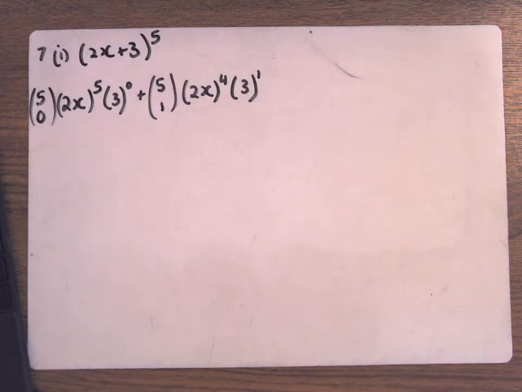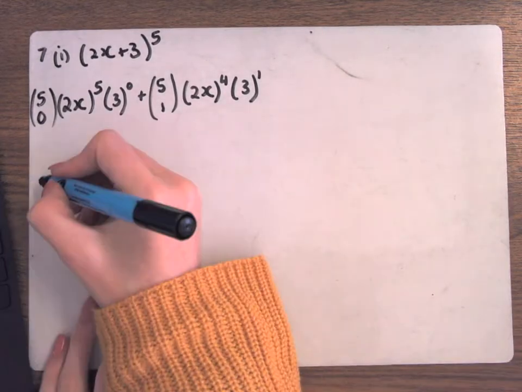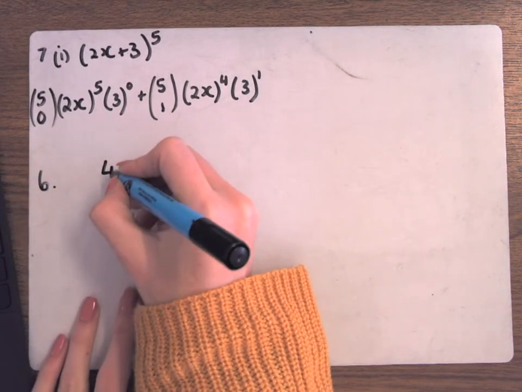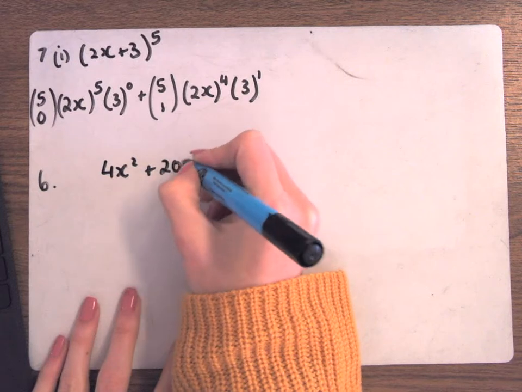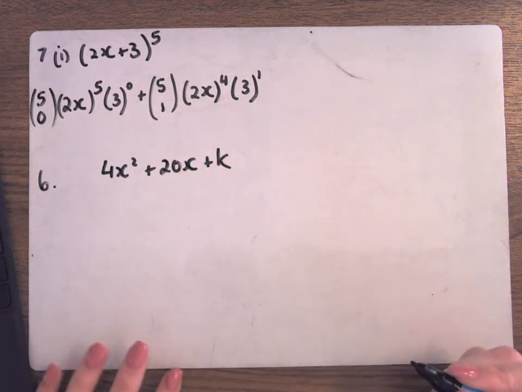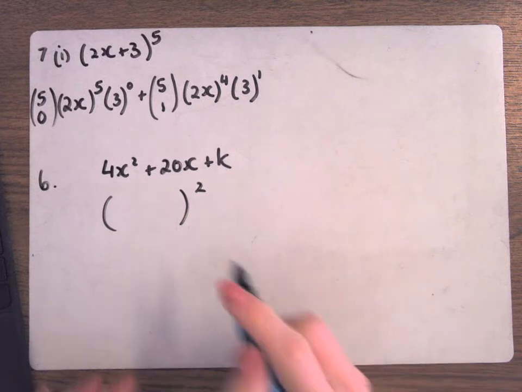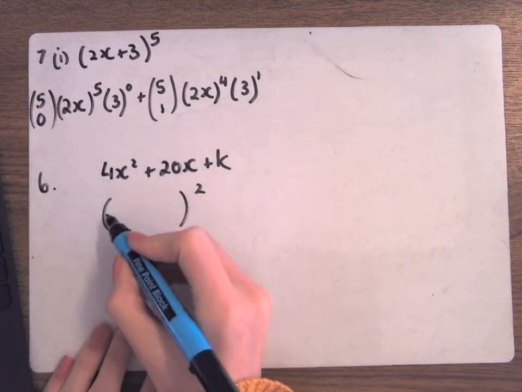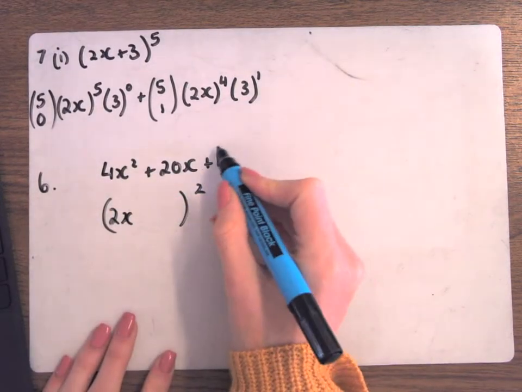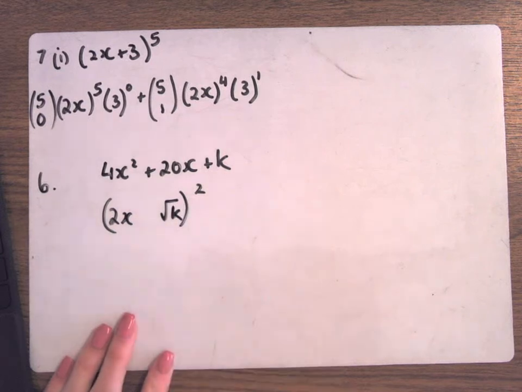Anything else? Question 9. 6, 9. Okay, 6. Given that 4x squared plus 20x plus k is a perfect square. If it's a perfect square, it looks like this, doesn't it? So the square root of this is 2x, and the square root of this is root k.